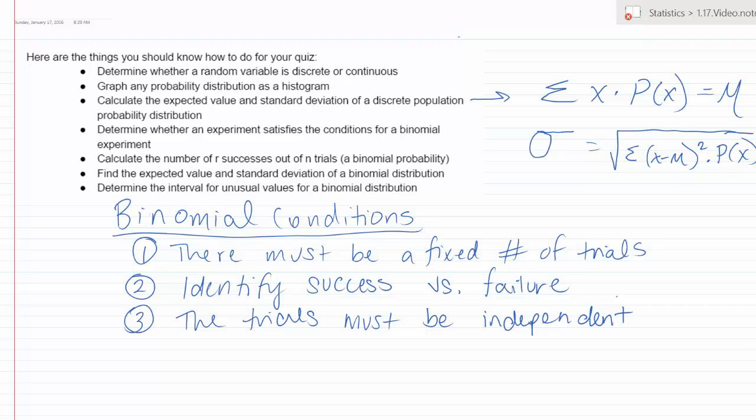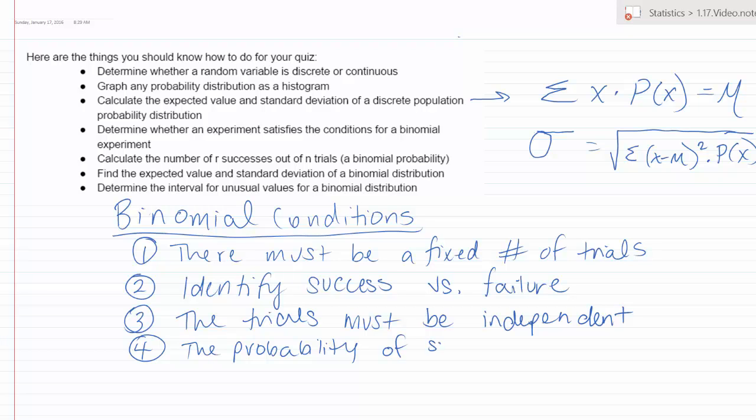But if you have a small population and you're sampling without replacement, say you're taking from a group of 30 people or something like that, then you really need to be careful because your trials probably are not going to be even approximately independent. And remember, we check that by doing things like 1 divided by the total population, then 1 divided by 1 less than the total population to see how much those probabilities changed.